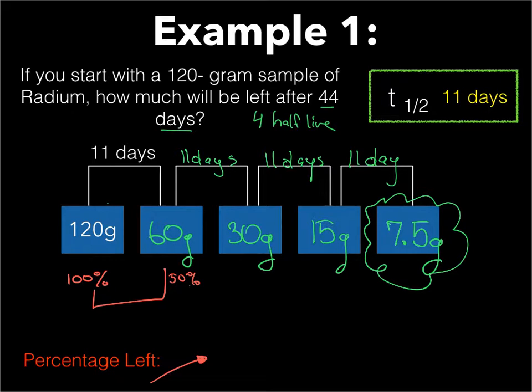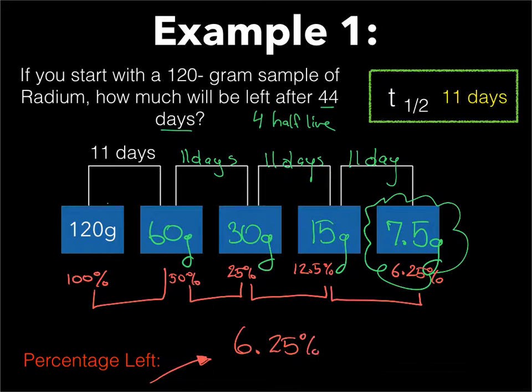Then from here to here, we're going to 25%, and half of 25 is 12.5%, and then half of 12.5 is 6.25%. So to answer this question, what percent of radium do we have left? We have 6.25% of radium left after 44 days.